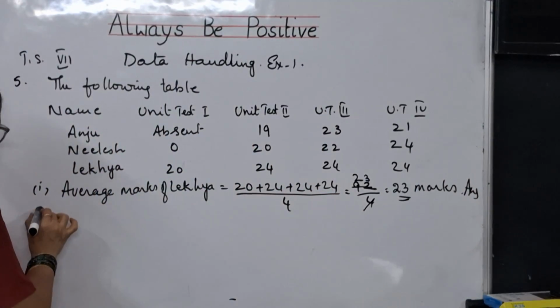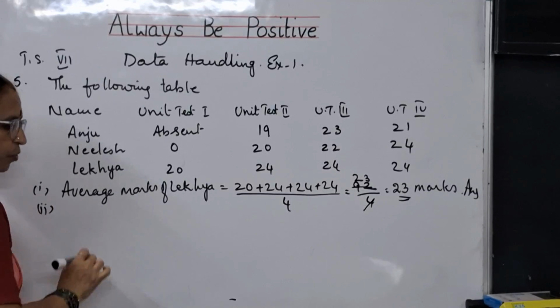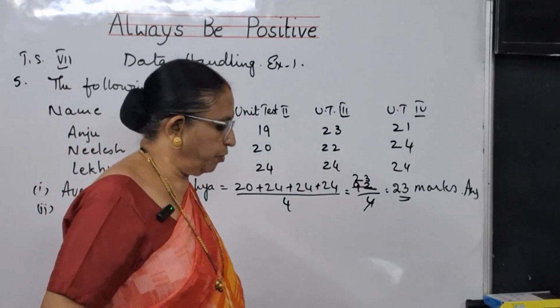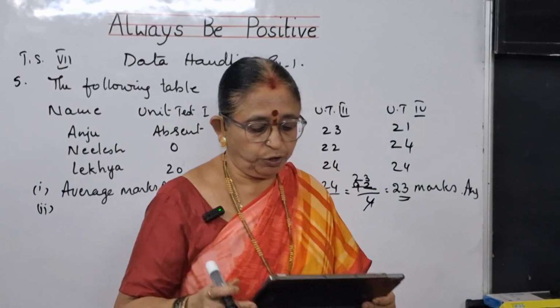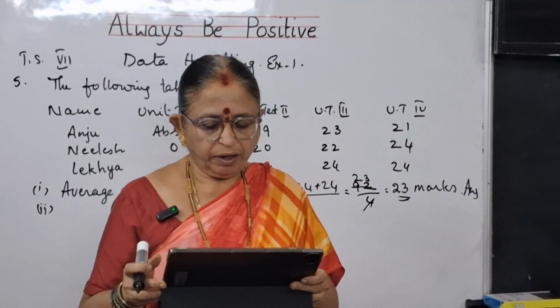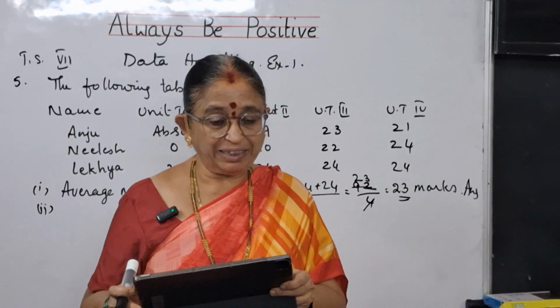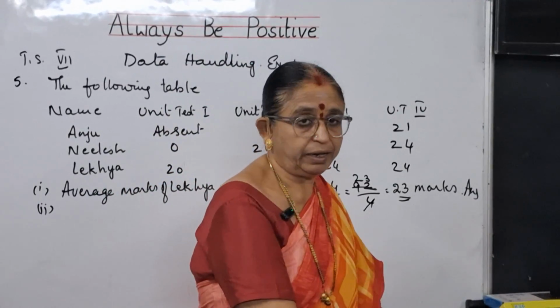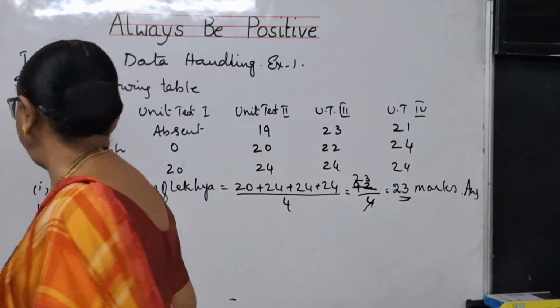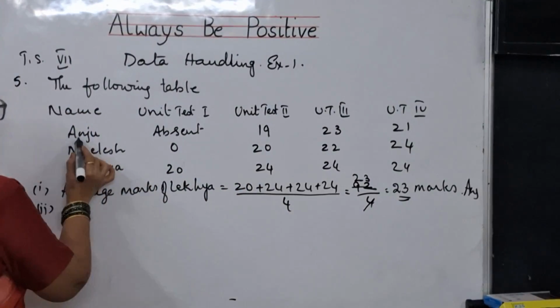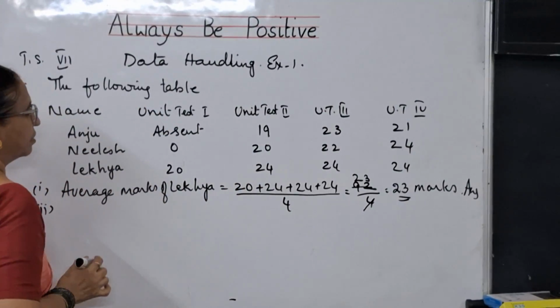And second bit. What is the second bit? Find the average marks secured by Anju. Will you divide total marks by 3 or 4? Why? Now let us see Anju. This is Anju. Anju was absent for one test.